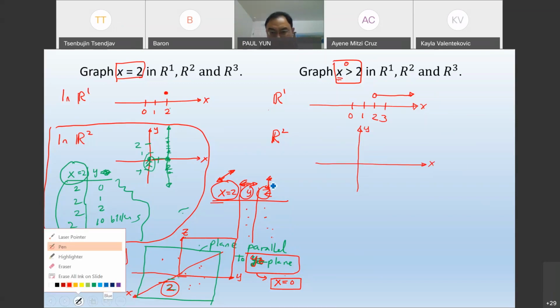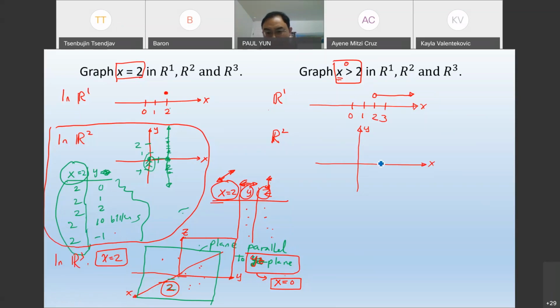So R2, 1, 2. Oh, it's not part of it, right? And all the x values. What are all the coordinates (x, y) such that the x coordinate is larger than 2? It's right there, right there. All right. If you have the same answer, type yes, please. Everybody type yes.